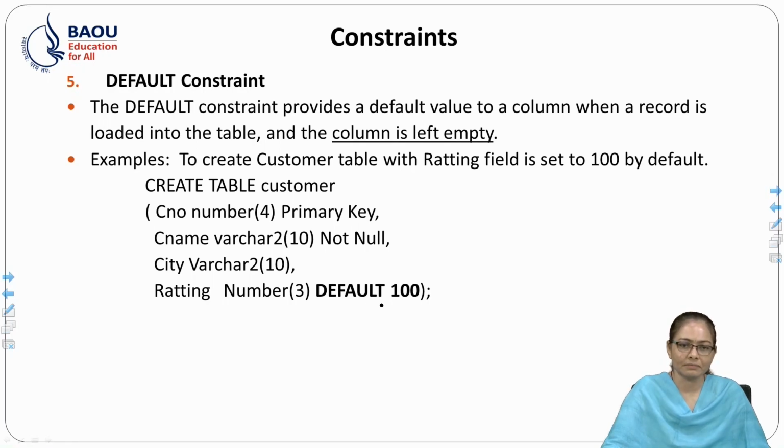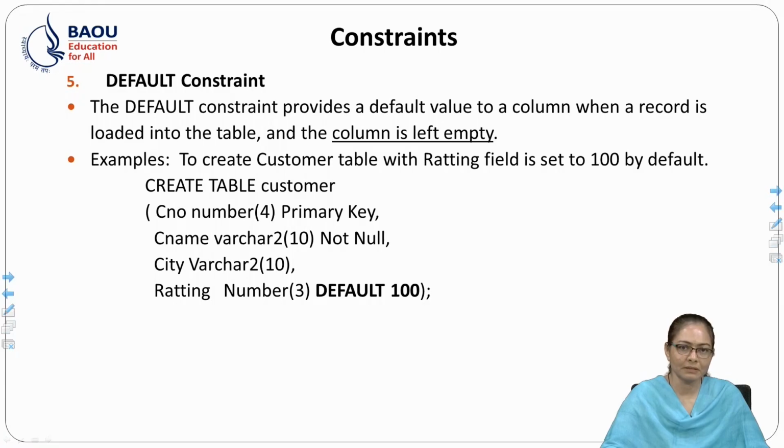Default constraint, we declare the default constraint like this, default and then the value. Here when we insert a record, if we do not enter any value in the rating column, then it will store the value 100 in the rating column by default.